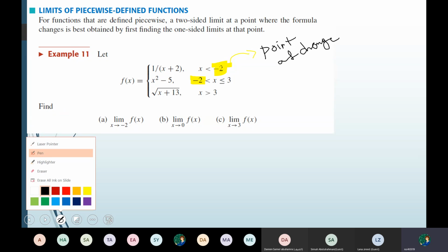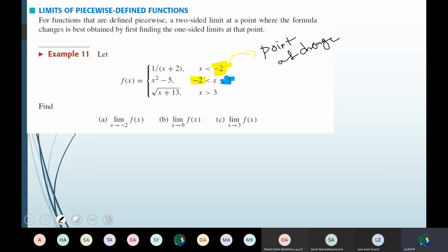And also 3. They are repeated 2 times, so we call it also a point of change. Why point of change? Because if the number is less than negative 2, I use one function, and if the number is greater than negative 2, I will use another function. That's why we call them a point of change.